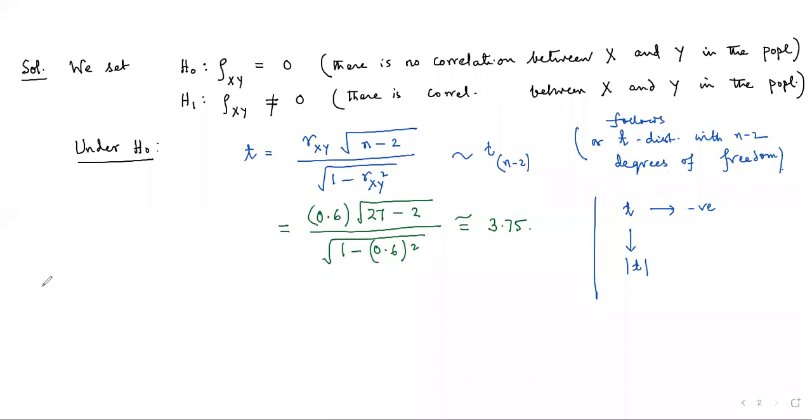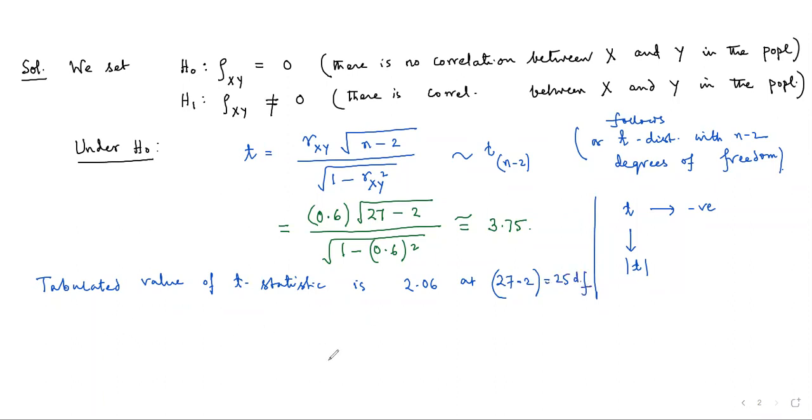If you go to the t distribution table, the tabulated value of the t statistic is 2.06 at 27 minus 2, that is 25 degrees of freedom.